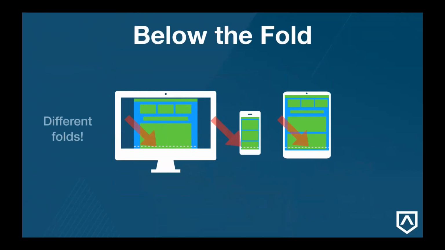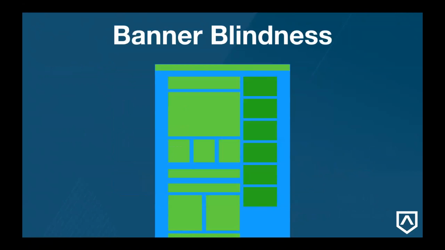Now people refer to anything off screen as below the fold, but the fold is not consistent across devices. So digital designers have to be even more thoughtful about where they place the things on the page and where people using their devices will actually see a drop off of the fold.